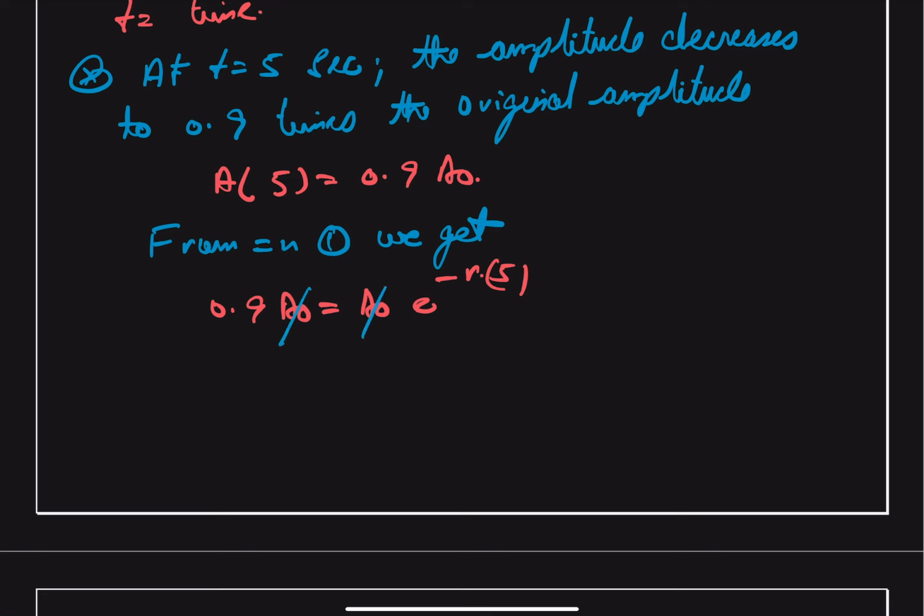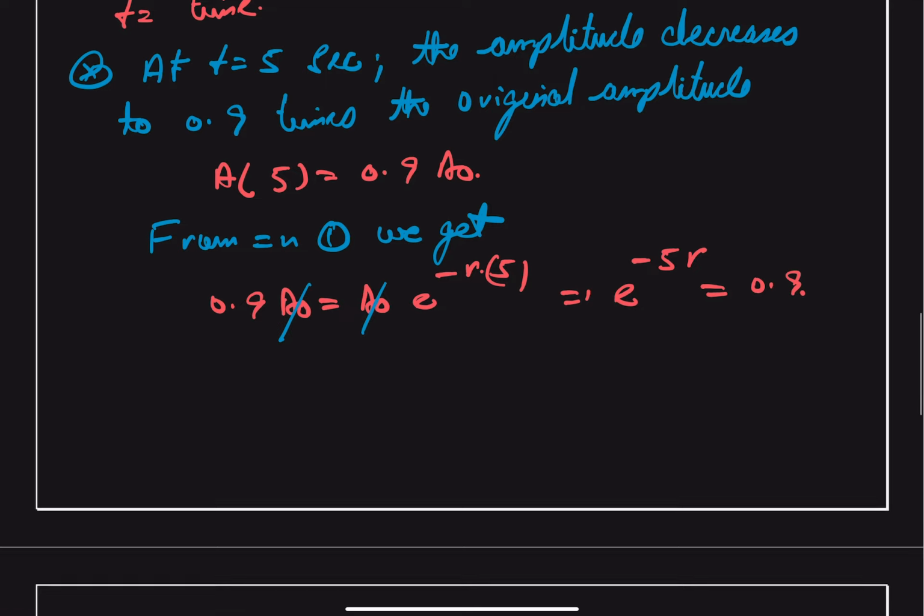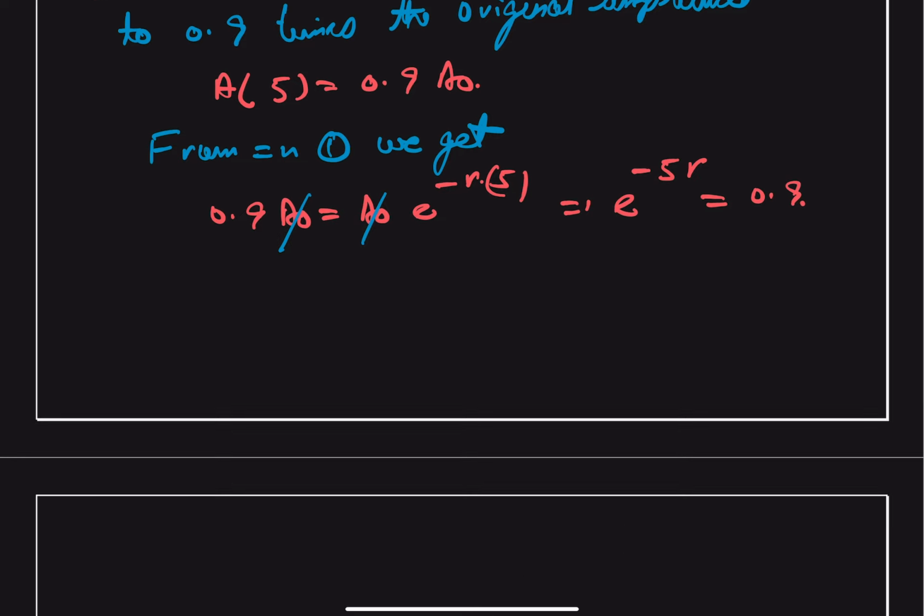A naught and A naught cancel out, and this gives us that e raised to power minus 5 gamma is equal to 0.9, and from here we can find out the value of gamma. We can say that gamma is approximately equal to 0.02108 per second. This is the approximate value of gamma.